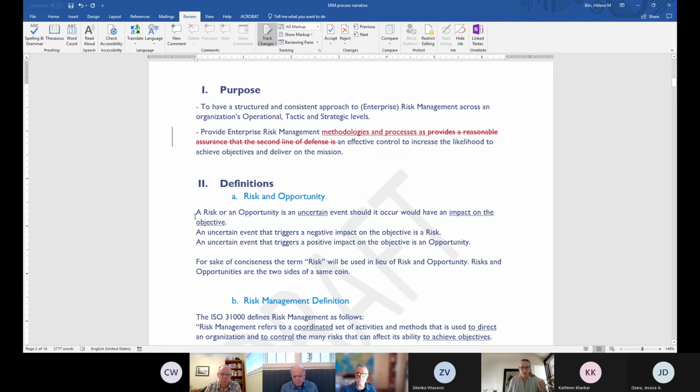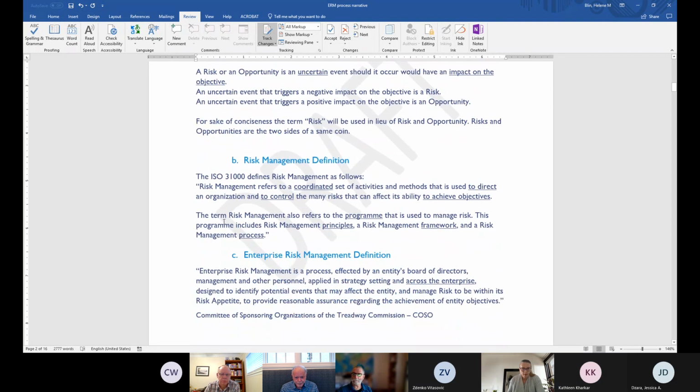I have underlined the key words in that. I have been more specific by laying out that an uncertain event that triggers a negative impact on the objective is a risk, and the flip side of the coin is the opportunity for positive impact. And I've added a note saying that for the sake of conciseness, we will use the term risk in this document to avoid repeating risk and opportunity, which is kind of long.